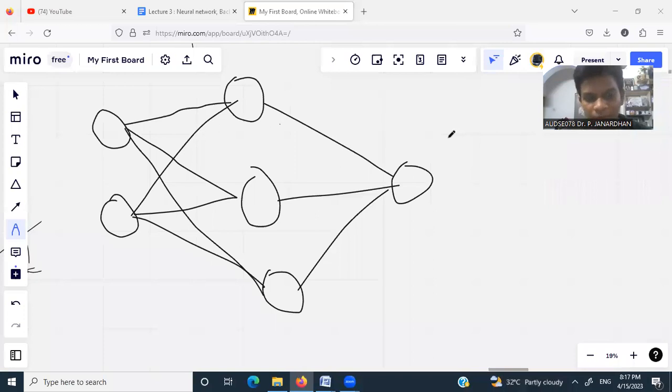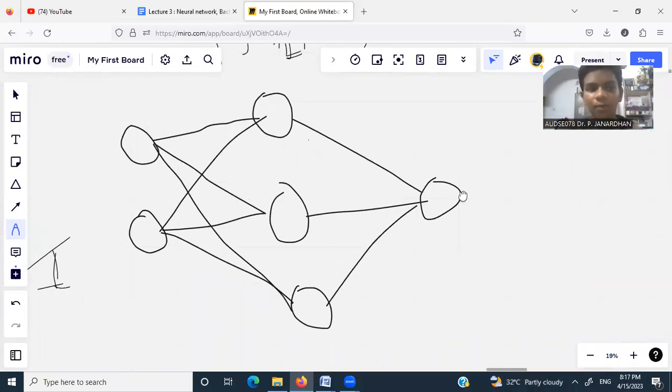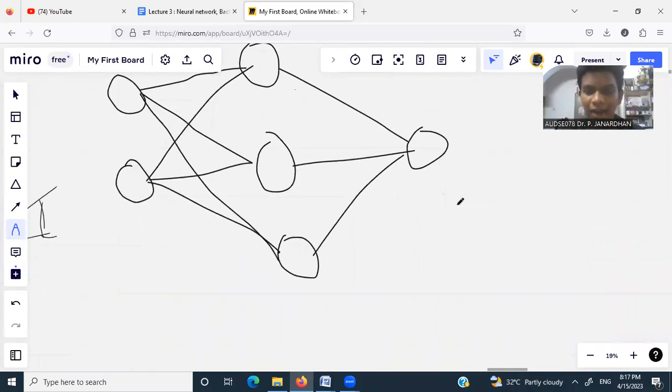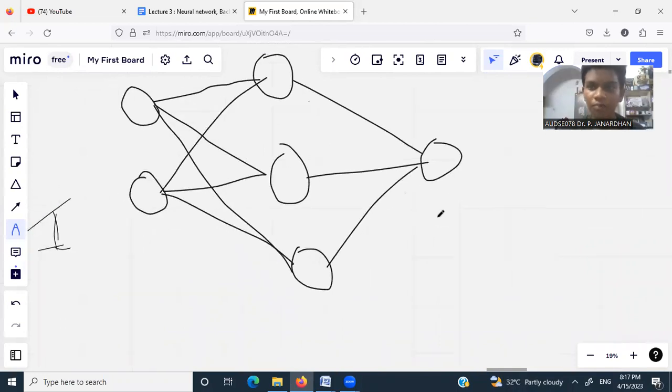For simplicity, I've drawn a basic and less complex neural network here. Both of these circles are the input values, so we have two input values in this case, and then we have only one hidden layer between the input layer and the output layer, with three neurons, and then we have this output neuron.